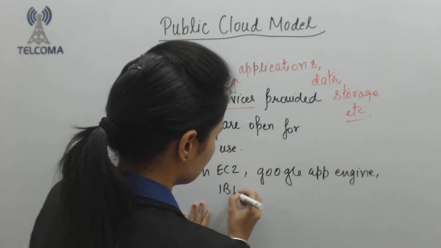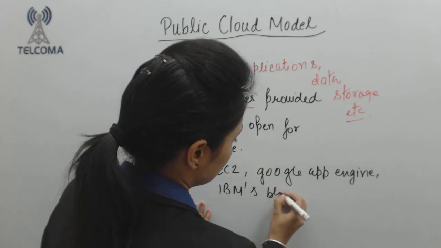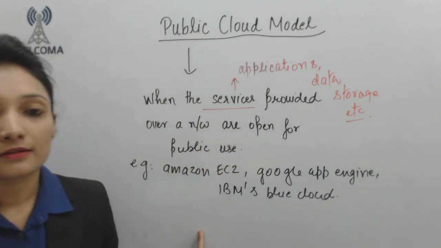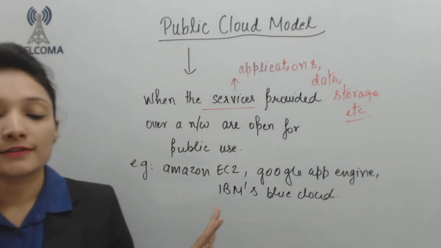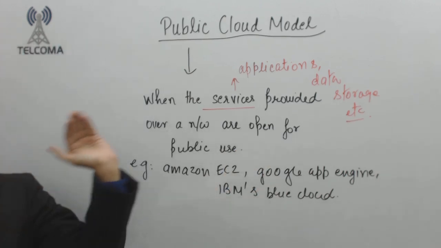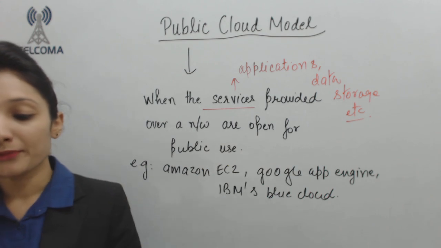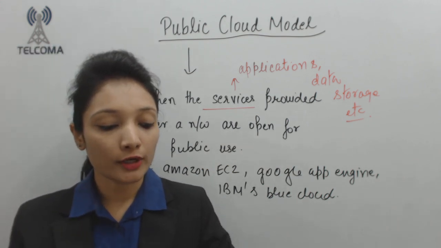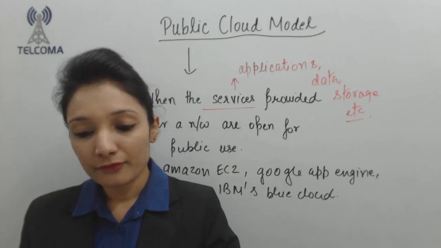Whatever services these vendors provide, they are easily accessible by the general public. These services can be free, or they have a pay per usage model, that means according to the usage you have to pay for that.